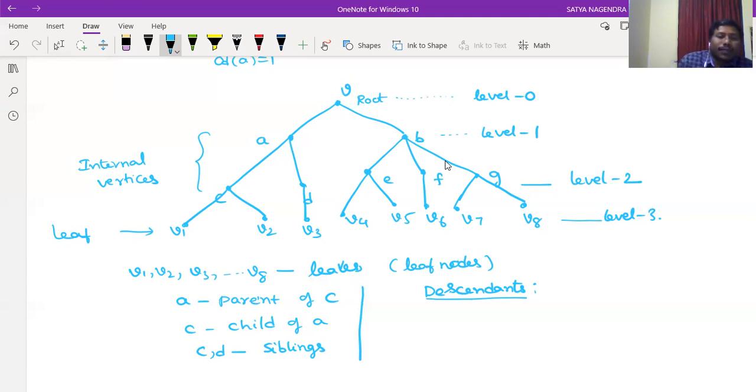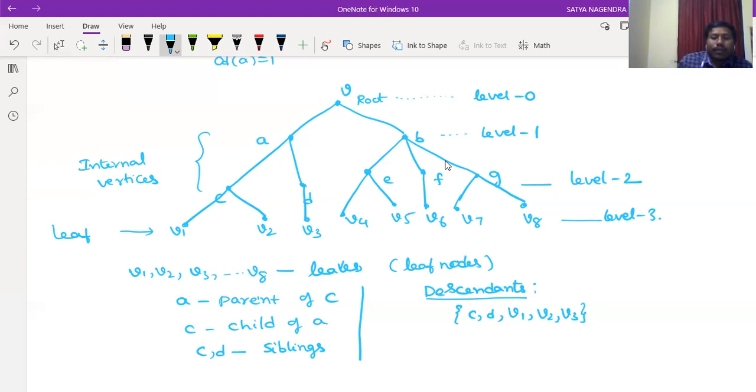Descendants of A are the children of A, that is C and D, and the vertices in the next levels, up to the leaf nodes: V1, V2, V3, that is, children of A and children of their children. These are all called descendants of the vertex A.